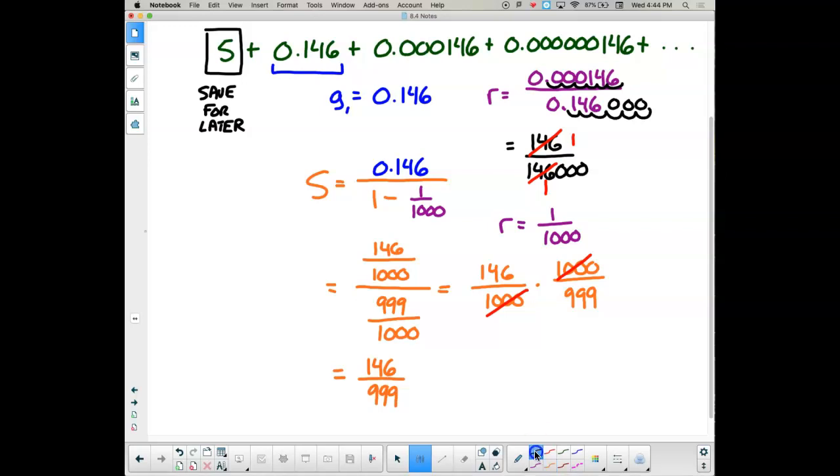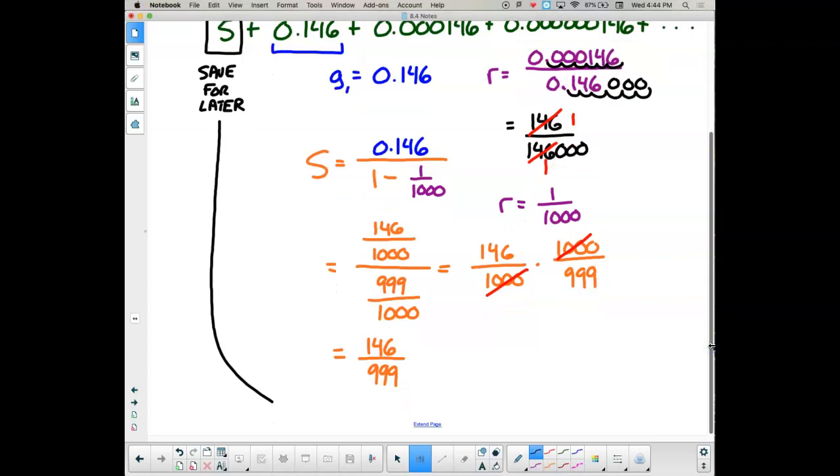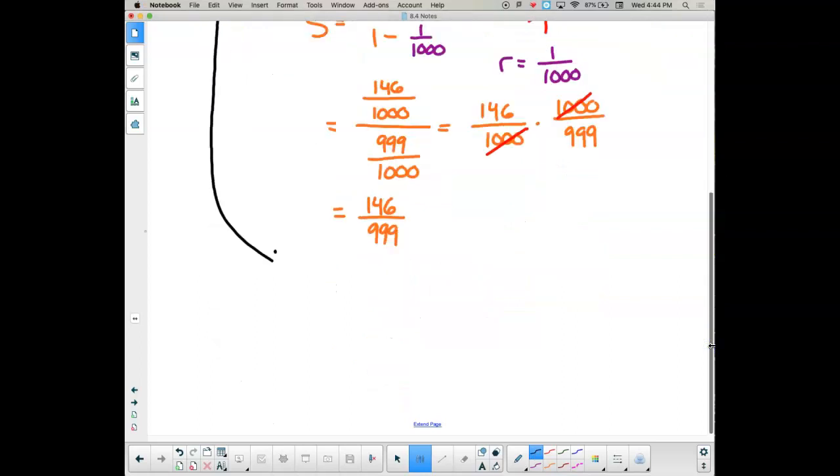But I've got this 5 still sitting out there. So now I am going to bring that back into play. And so my final answer is going to be 5 plus that fraction.